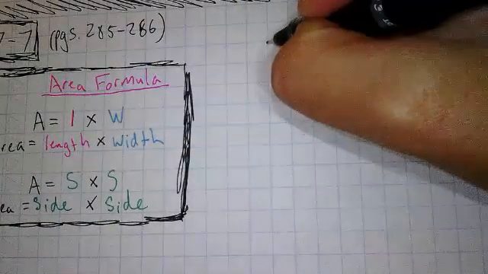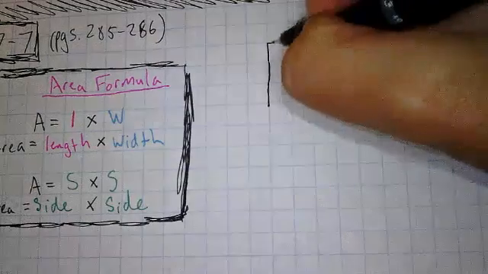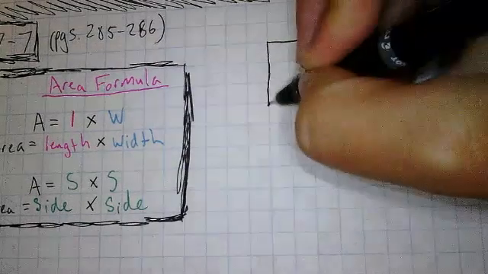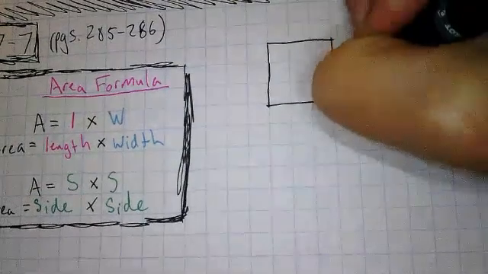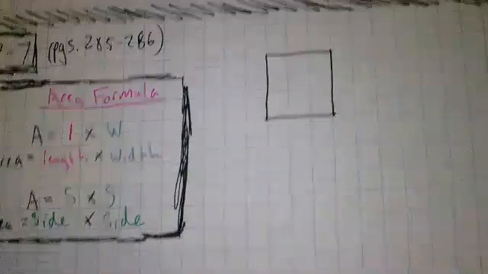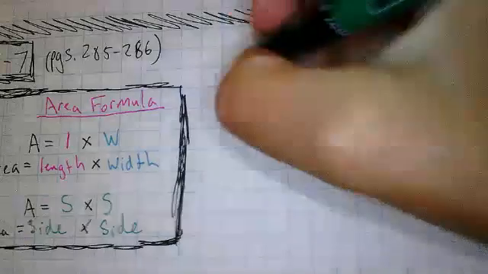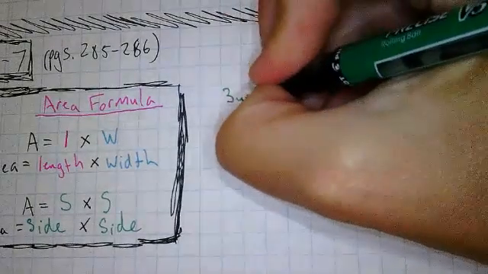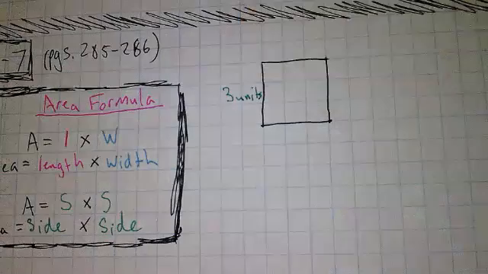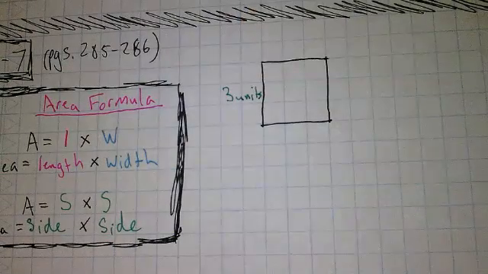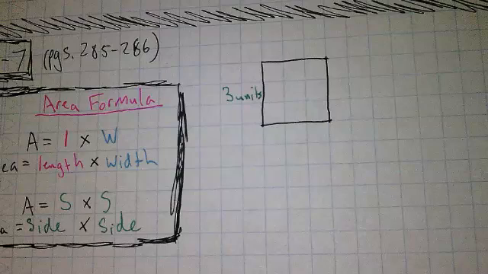Okay, so I'm going to draw this square like this. Now this is a square, so all my sides are the same length. And I'm going to label my side as 3 units. Now it's a square, so I'm only going to label one side.